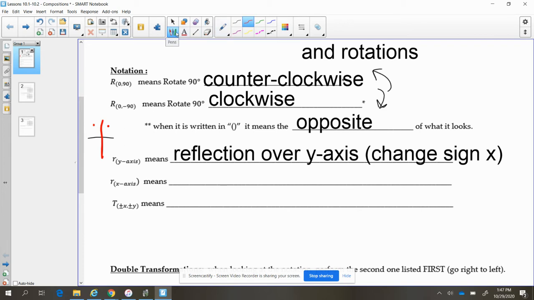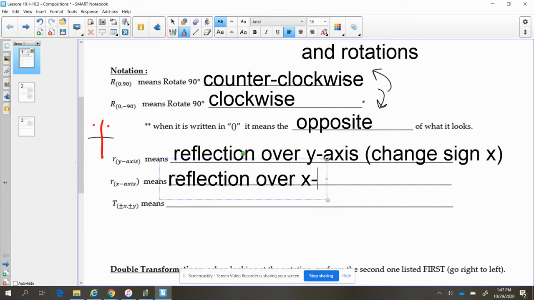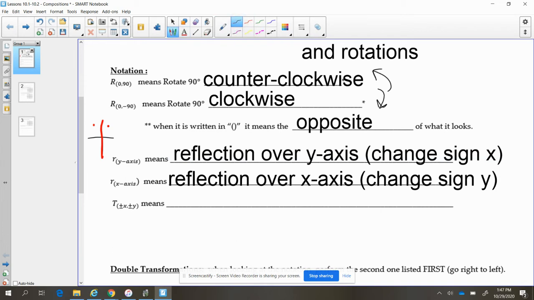As opposed to when we reflect over the x-axis, we're going to change our y value. So in that particular one, we have the reflection over the x-axis, that's this axis, and we end up flipping the sign of our y value since we're moving up or down with that reflection.